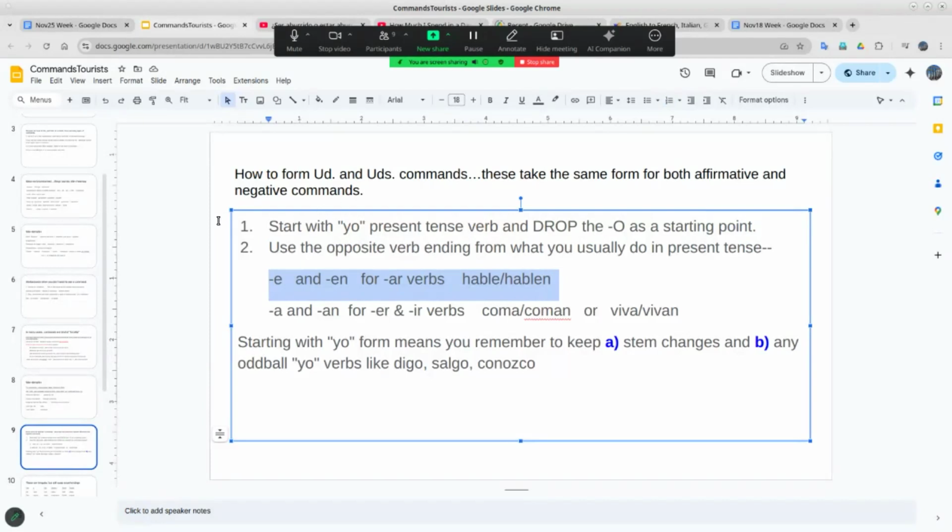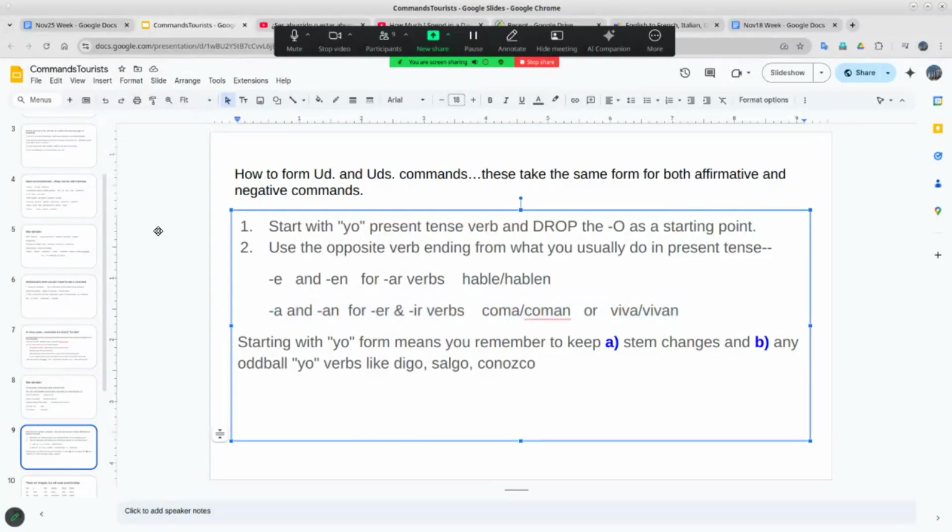ER and IR verbs get A and AN endings. Coma, eat, coman, eat, you guys. Or viva, long live. Those are just examples.